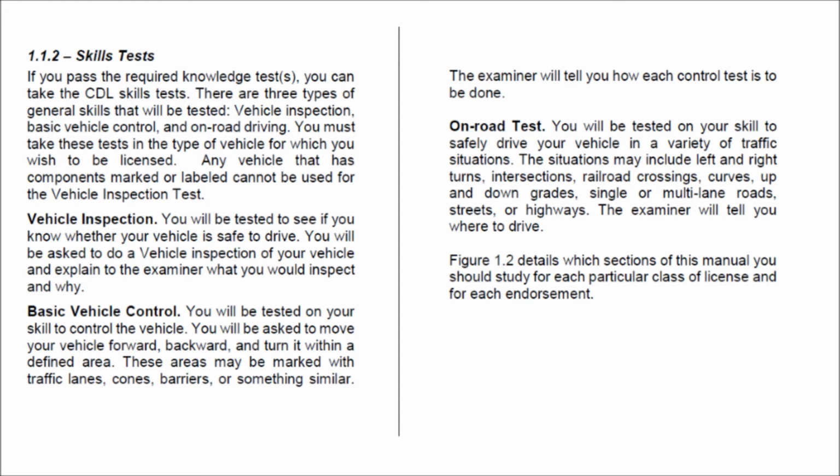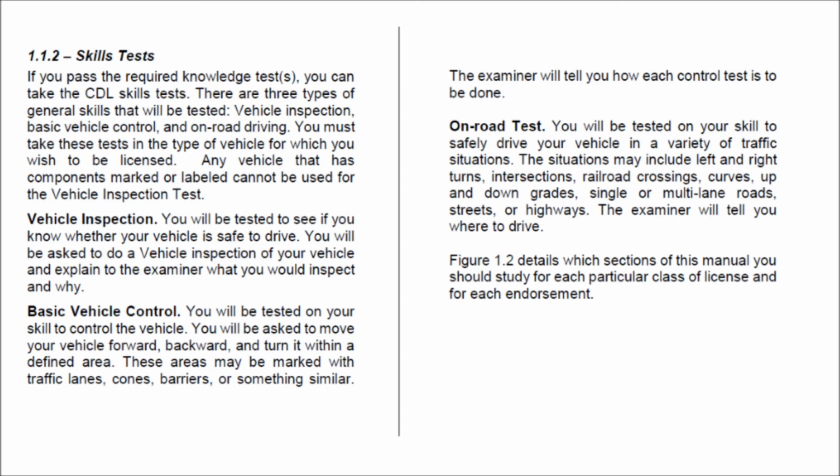Vehicle inspection. You will be tested to see if you know whether your vehicle is safe to drive. You will be asked to do a vehicle inspection of your vehicle and explain to the examiner what you would inspect and why. Basic vehicle control. You will be tested on your skill to control the vehicle.